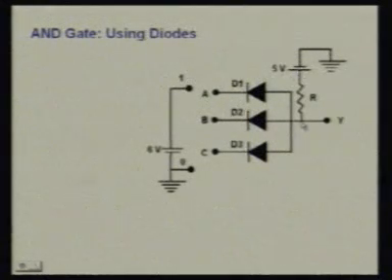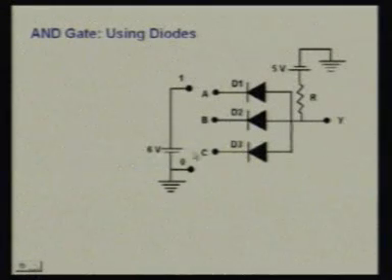So output will be high. So we can see very easily that we will be getting output high if and only if all the D1, D2, D3 are connected to 1 state. If any of D1, D2, D3 is connected to 0 state, then at least that diode will be conducting and we will be getting low output, meaning the 0 state at the output terminal.